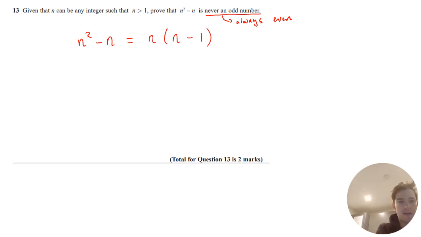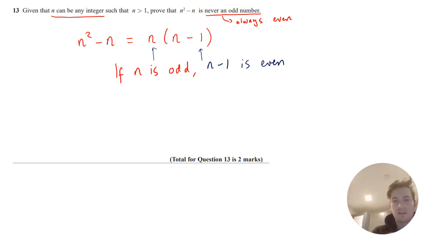So given that n can be any integer, it can either be odd or even. So let's have a think first of all. If n is odd, so n is odd, what does that mean n minus 1 is? Well, I think that n minus 1 is going to be even, because numbers go odd, even, odd, even, odd, even.